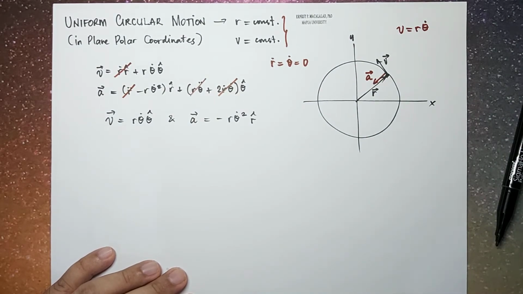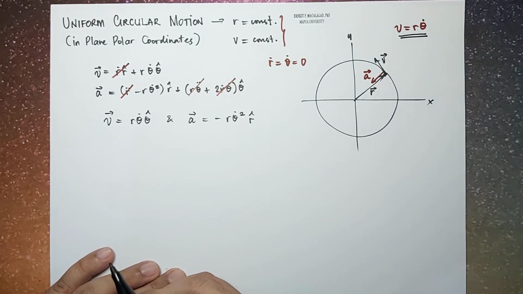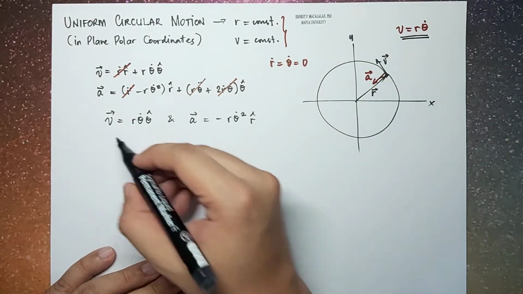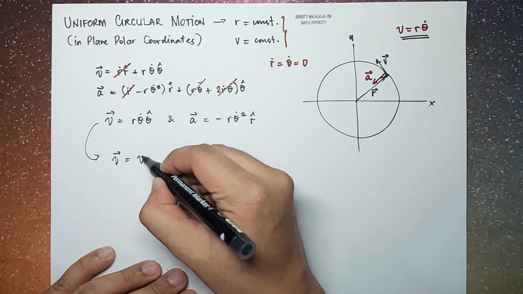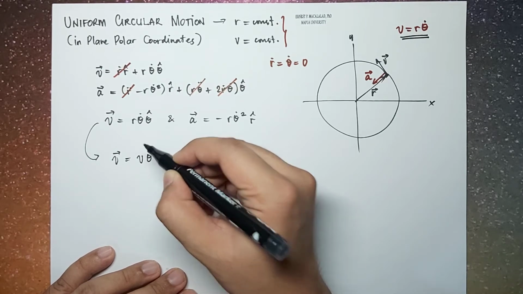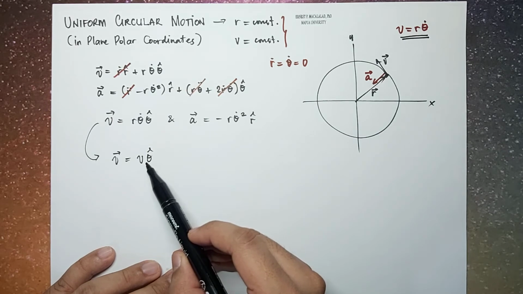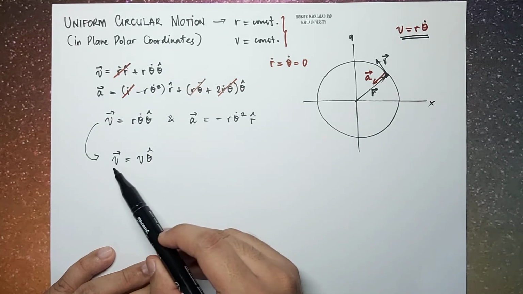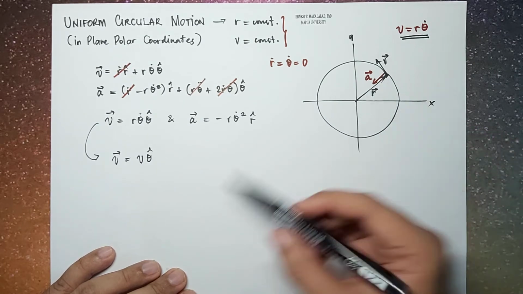Now, to make this more familiar, because v is r theta dot, v equals v theta hat, which says that v is always perpendicular to r.